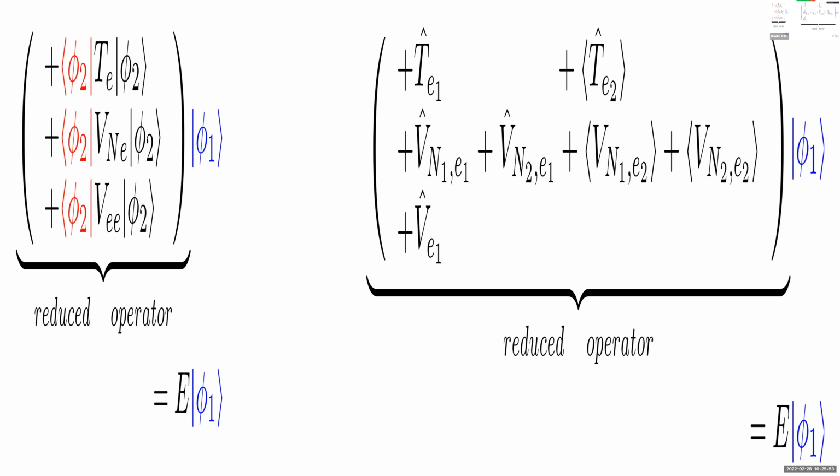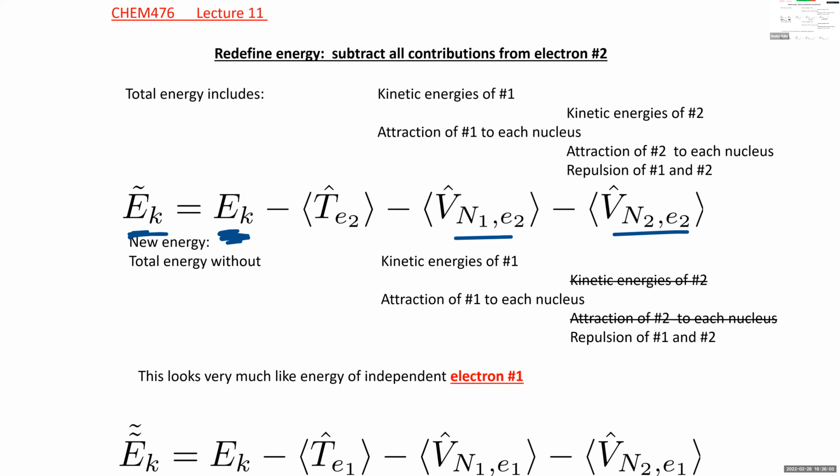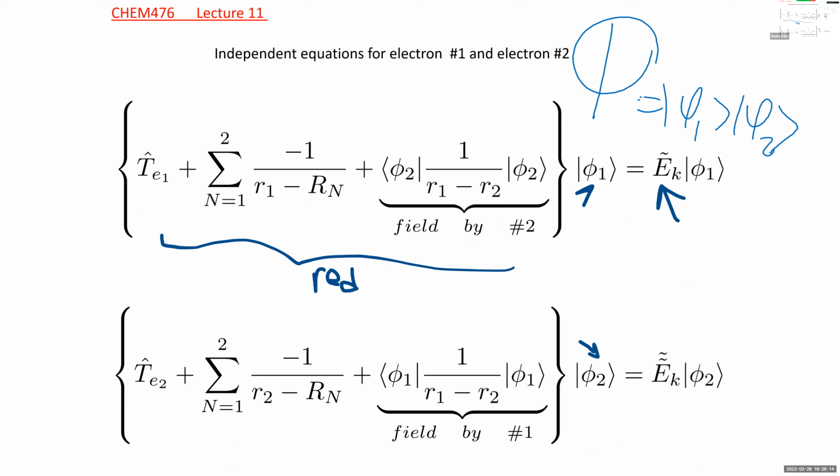And those in brackets are numbers that can be just moved and added to the eigenenergy. So if I subtract these numbers from the eigenenergy, it will be the energy tilde, right? And we can reformulate this as an eigenvalue problem in order to find the eigenfunction and eigenenergy of the first electron.